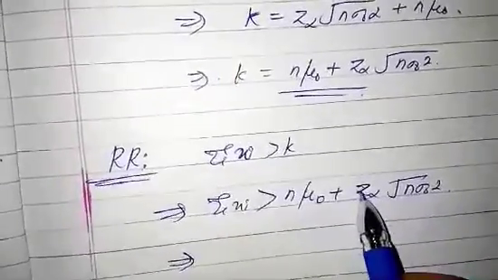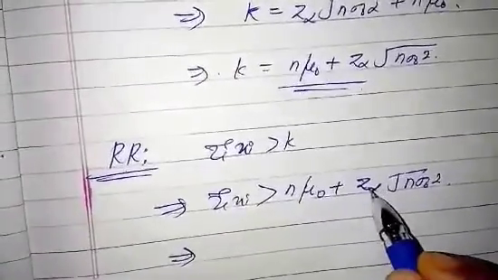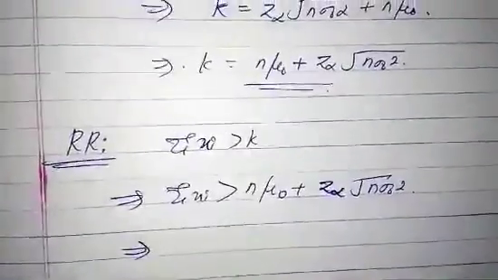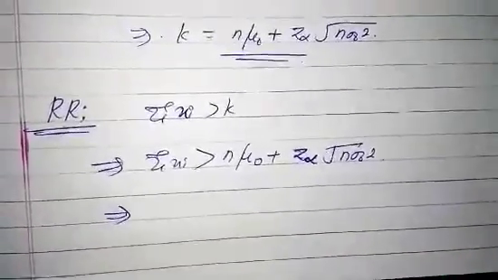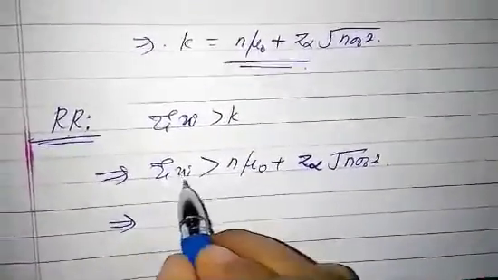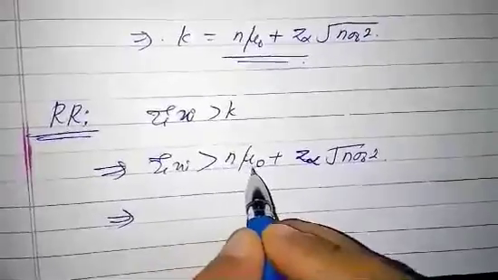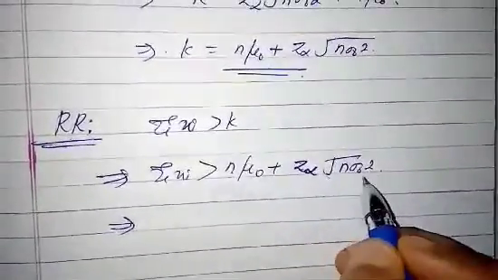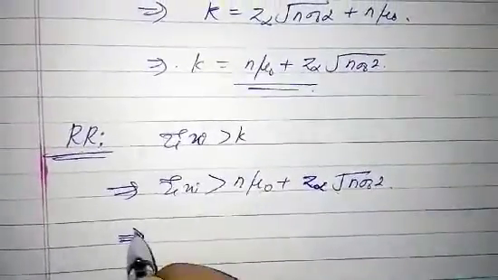So that is the z alpha value. We have to find the z alpha value in the standard normal table. Okay, so summation xi is greater than n mu naught plus z alpha into square root of n sigma naught square.